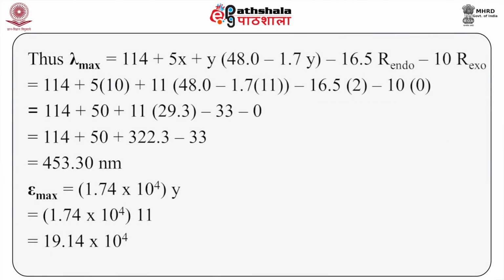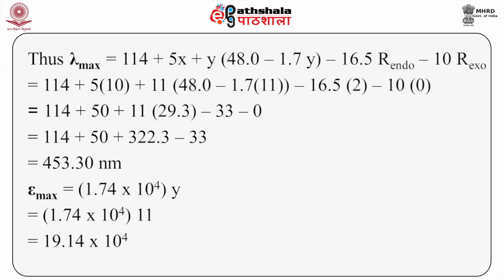Thus adding up all the values in the Fieser equation, lambda max is equal to 114 plus 5x plus y brackets 48.0 minus 1.7y bracket closed minus 16.5 R endo minus 10 R exo. After adding up all the values that we have given, we get the value 453.30 nanometers.